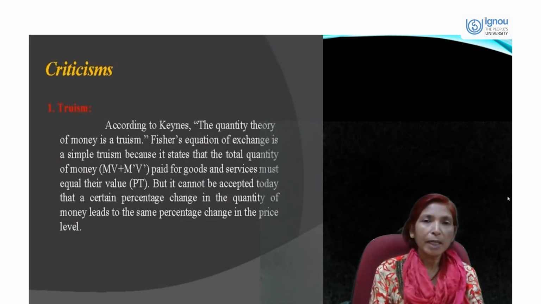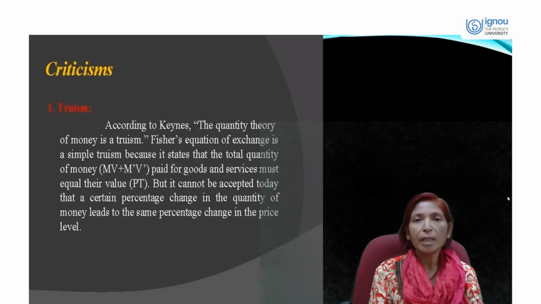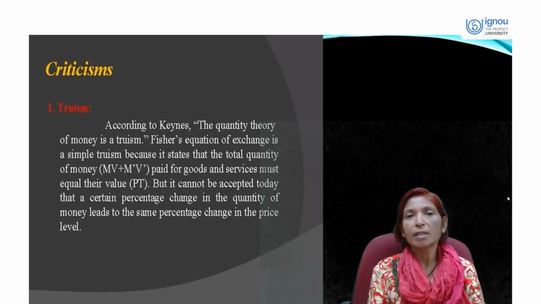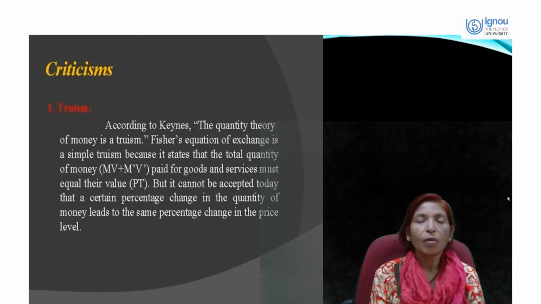If we multiply a stock concept into a flow concept, then the result will be inconsistent or mathematically wrong. So Irving Fisher's equation and assumptions were based on some unrealistic thoughts.